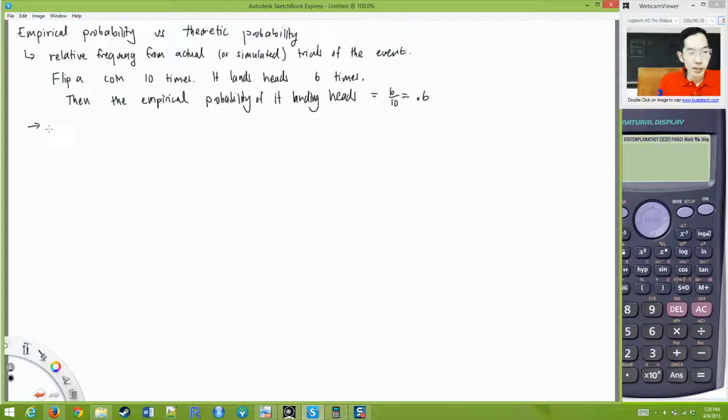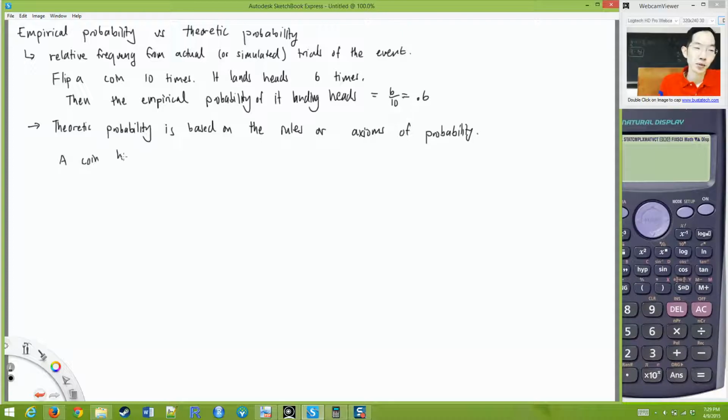Theoretic probability, on the other hand, is based on the rules or the axioms of probability. Okay. So we would say, a coin has 2 sides.